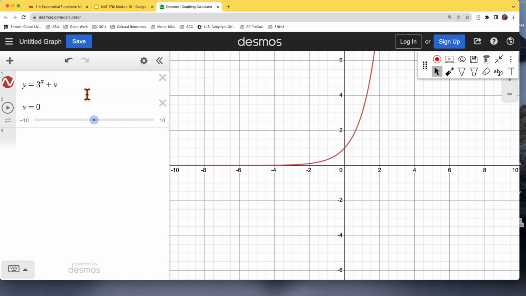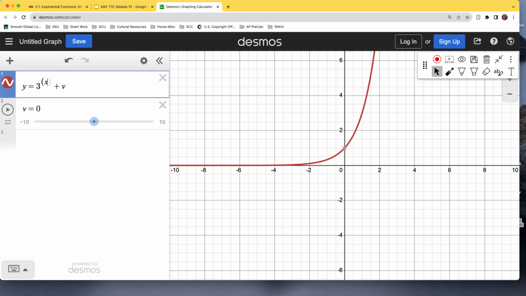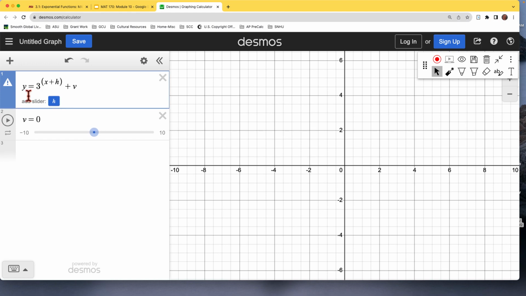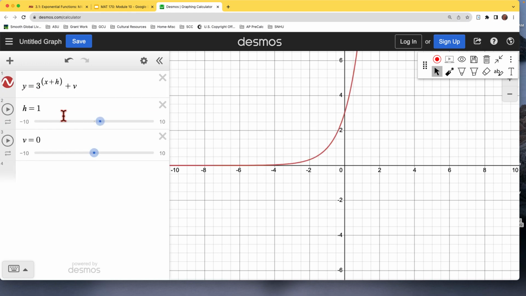Where is inside an exponential function? The exponent. Very good. So these are the kind of things we need to pick up. The inside of an exponential is that exponent. So we want to come up here. And again, just to ensure order of operations, I put a parentheses around it, and I'm going to put plus h. And again, that'll give me a slider. And I'm going to click on this.